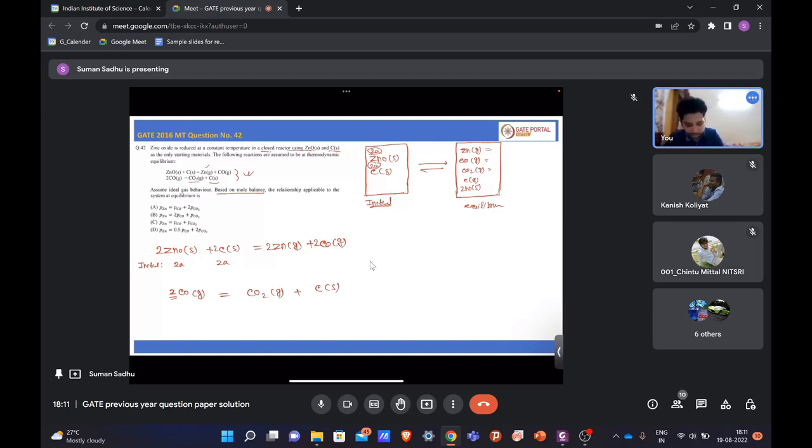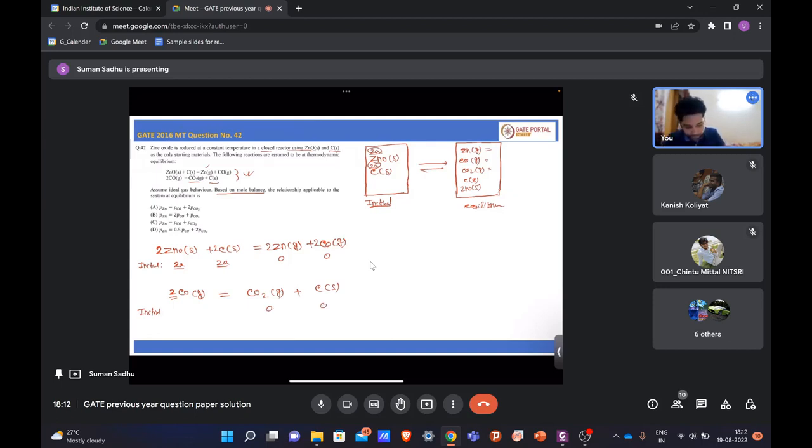There is nothing in that. As I have multiplied by 2, just for simplicity I am considering it 2a. Initially no other element was there, so this is 0, this is also 0. For this reaction also initially nothing was there, 0 and 0, let's say.